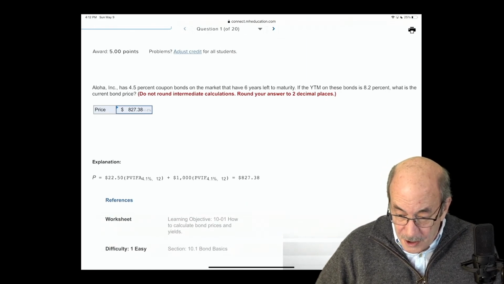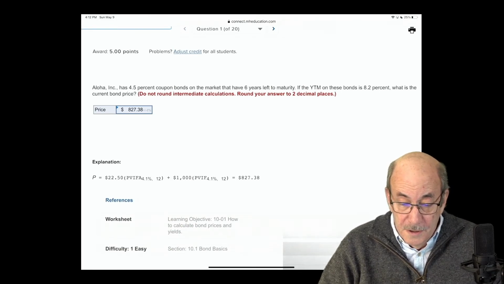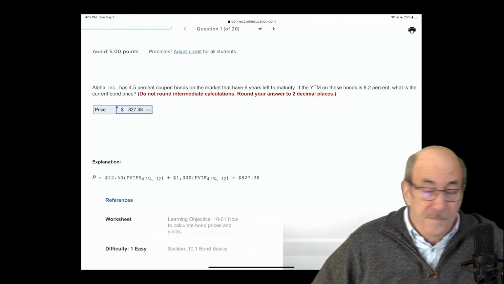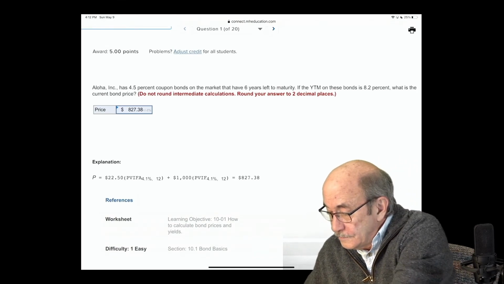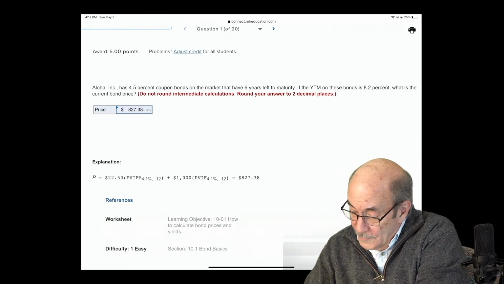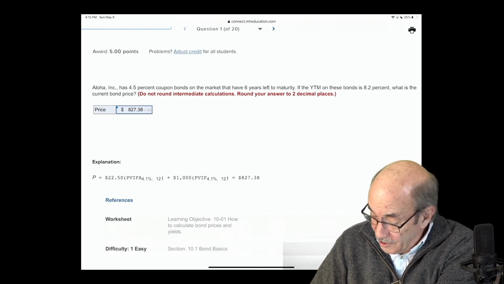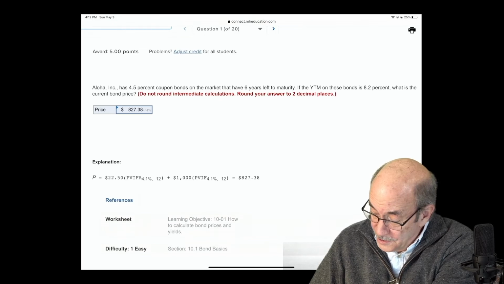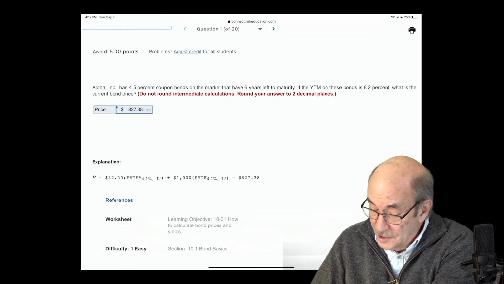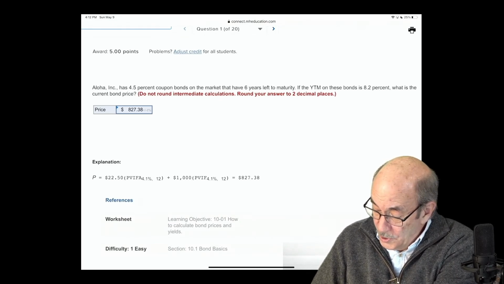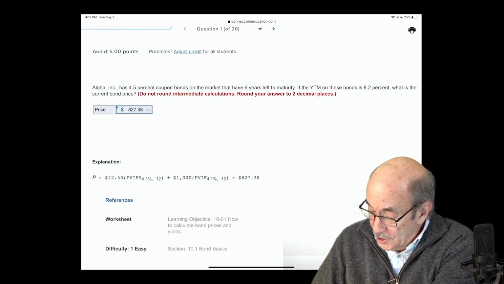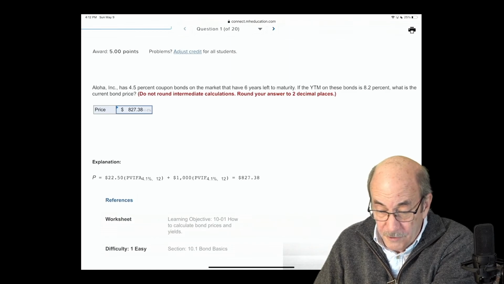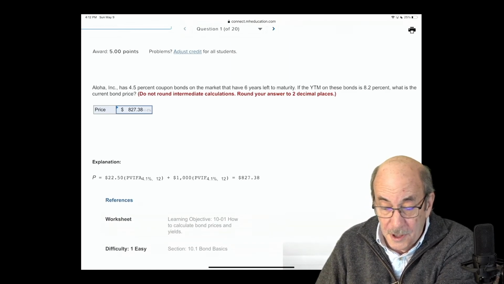So then all we're doing here, let me just jot down. We've got a 4.5% coupon, 6 years left, 8.2% market yield, or market required rate of return.